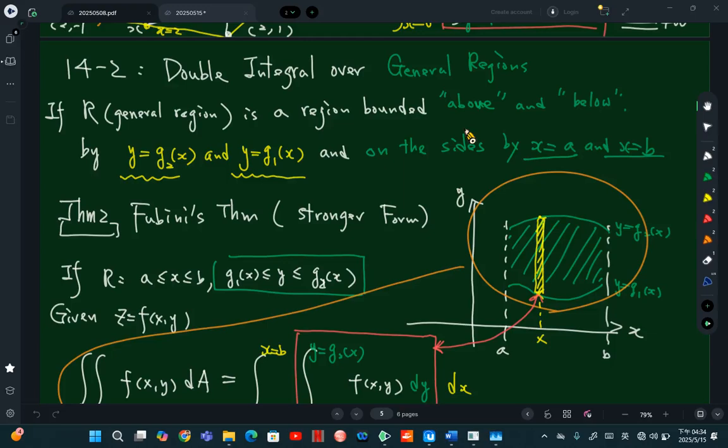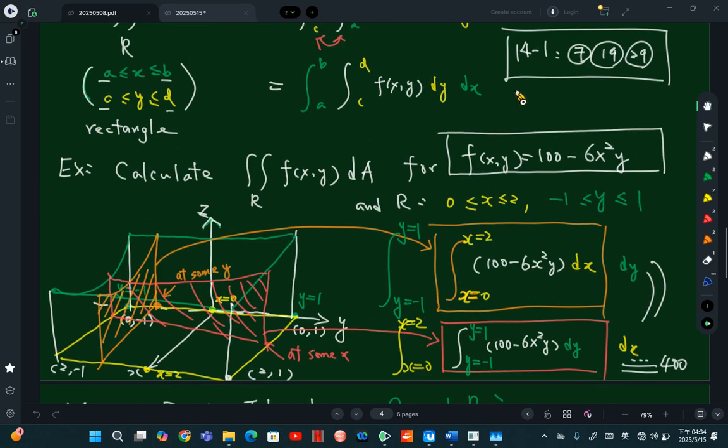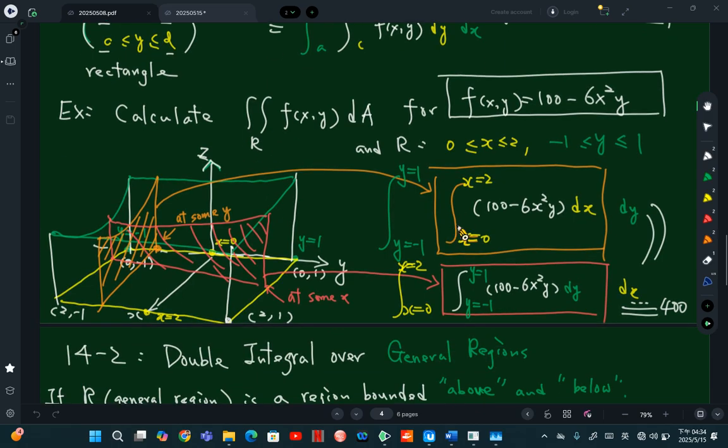So last time we stopped here. We started to focus on double integrals over general regions. A general region is different from a rectangular region, because if the area is a rectangle, it's easier for you to just change the order of integration.